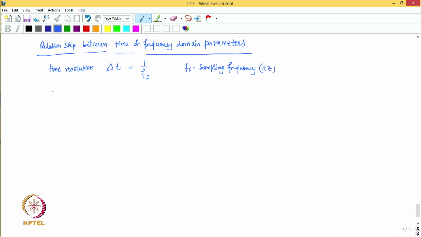Then we have the frequency resolution of the DFT, which we represent by delta f, and this is equal to 1 upon T, where T is the record length of the recorded signal. Then we also have the number of samples in T, that we represent by capital N, and this is equal to T upon delta t.